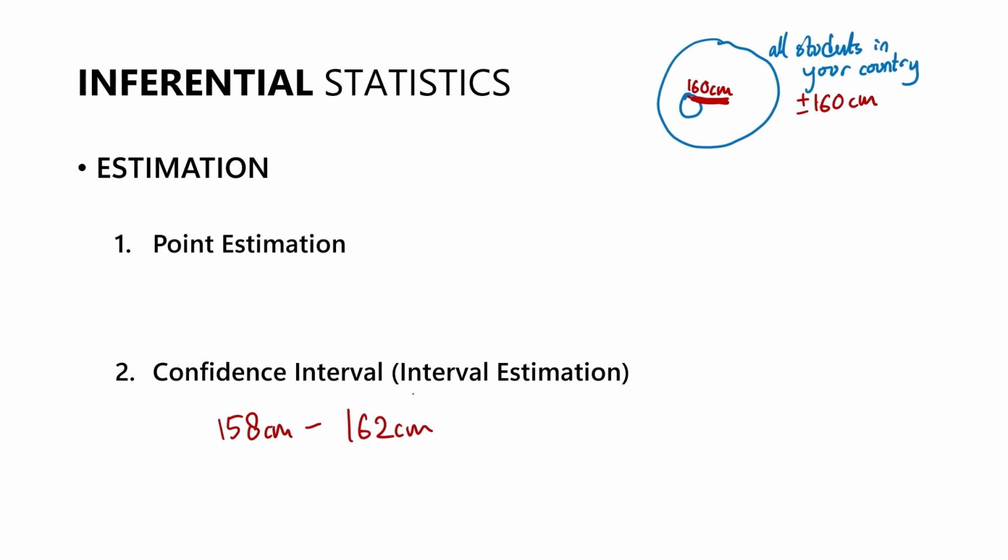So that's called an interval estimate. You're giving a range of values that you believe the population parameter falls into. We use the confidence interval method to calculate the exact range.